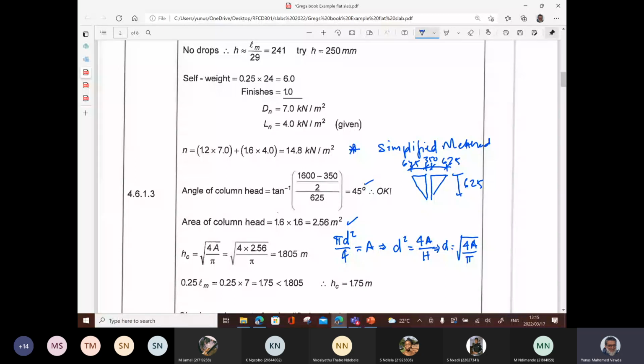Now this comes in as a check from clause 4.6.1.3. This is part A of that clause, and this is part B of that clause. In your book, it's covered on page 60, I think. Yes? Okay, never mind. Sorry, I couldn't see your screen. It came back now. All right, so 4.6.1.3a, part A of that.